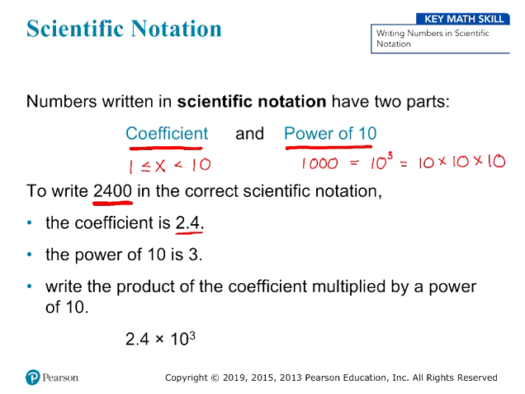So the power of 10 is 3. And we'll see a different way to figure out scientific notation as well. This is just one way to figure it out. All right, so our final scientific notation for this number is 2.4 times 10 to the 3rd.